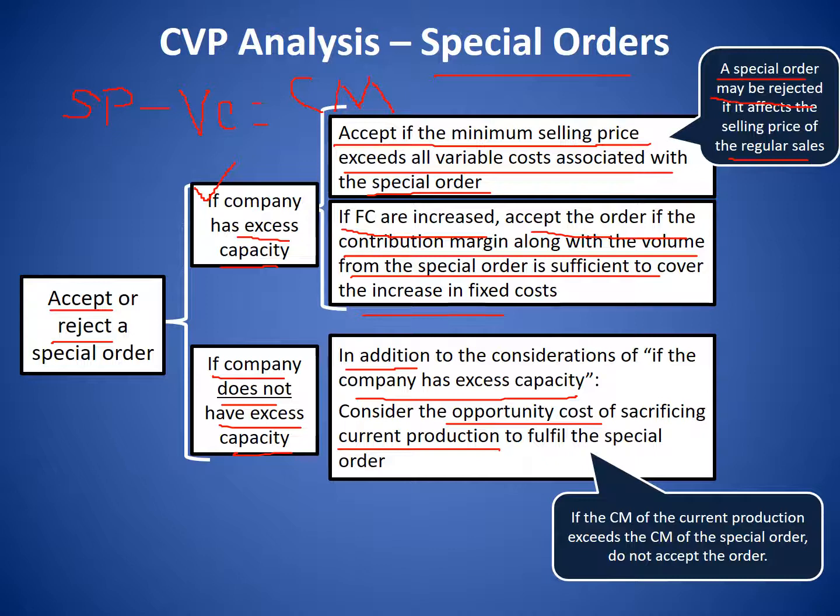So if the contribution margin of the current production exceeds the contribution margin of the special order, we would not want to accept the order because we would be giving up current production with a higher contribution margin than accepting that special order that would give us a lower contribution margin. That would have the effect of lowering overall net profit.